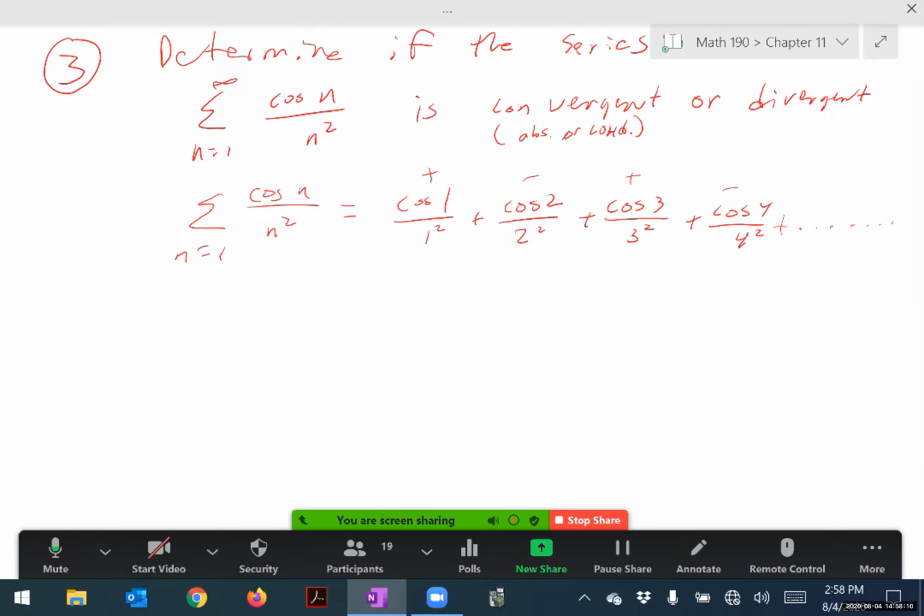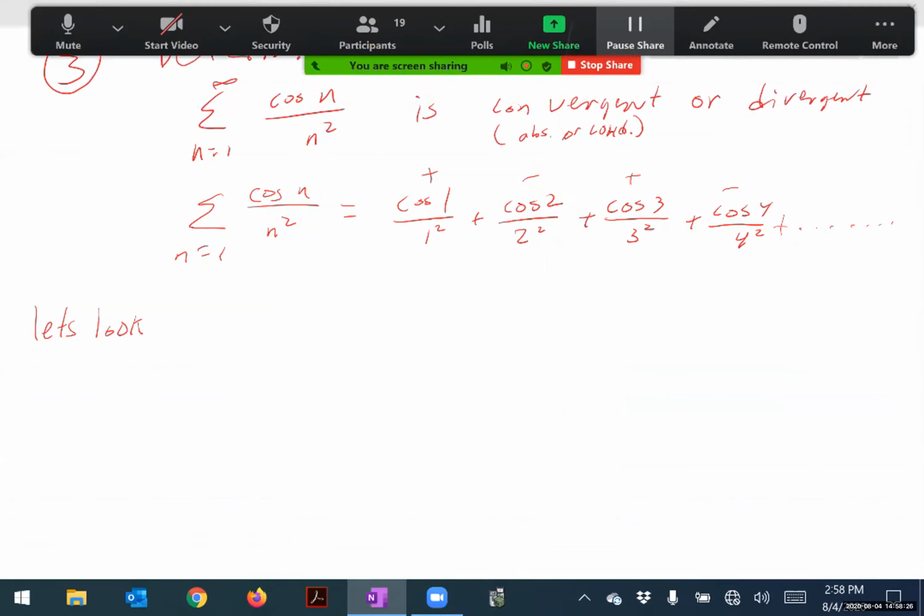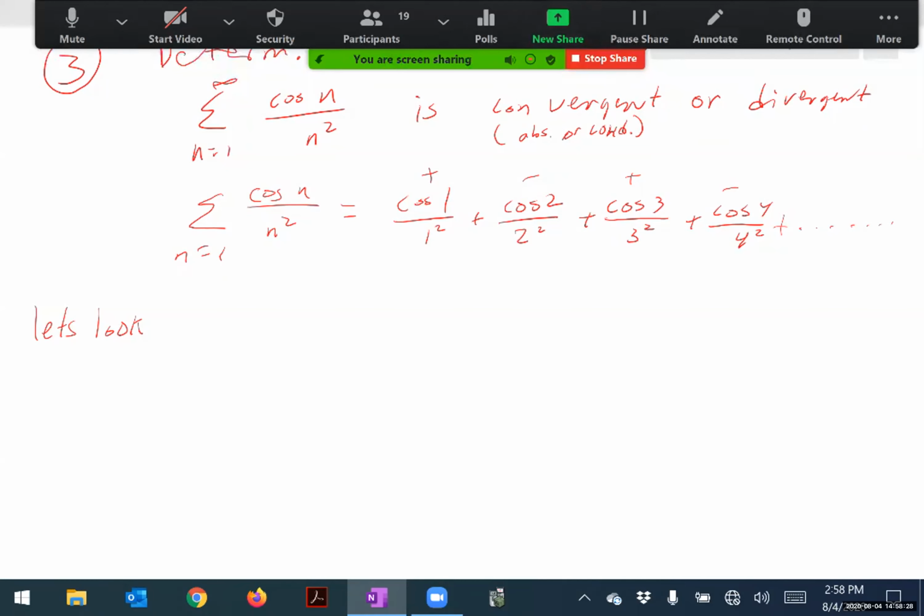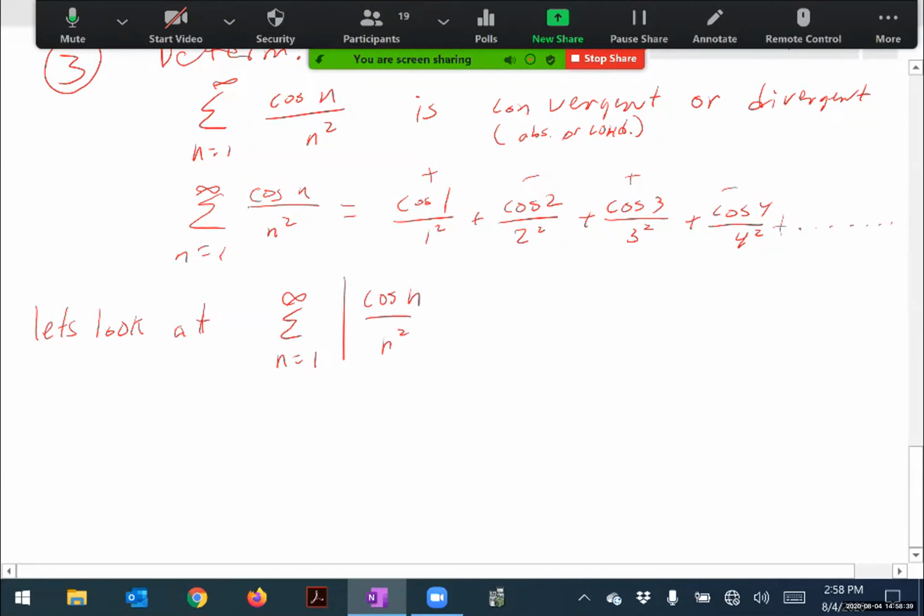So what I want to do is eliminate the fact that I could get negative values here and just focus on the positive. So let's look at the summation from n equals 1 to infinity of the absolute value of cosine of n over n squared.